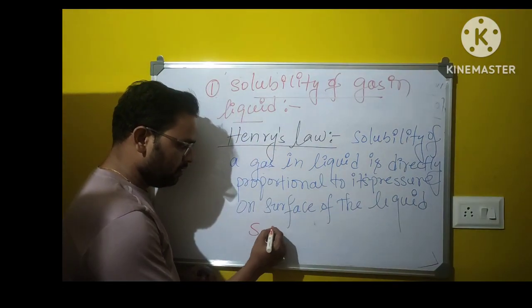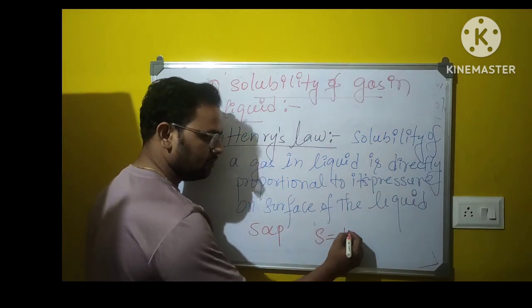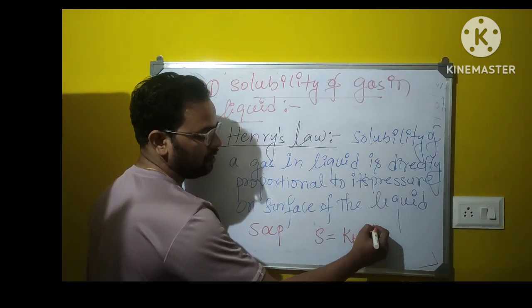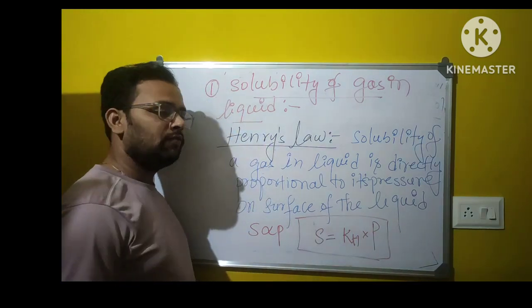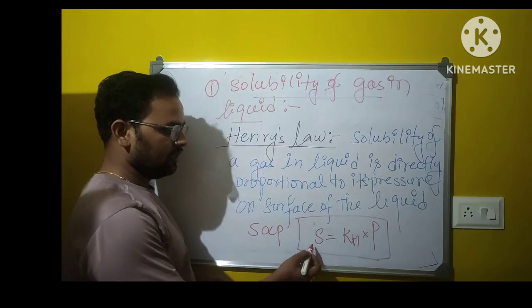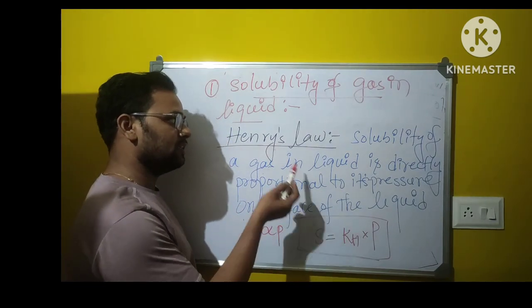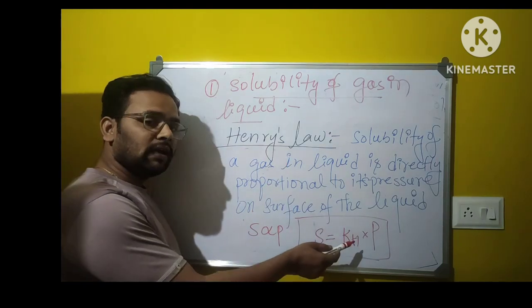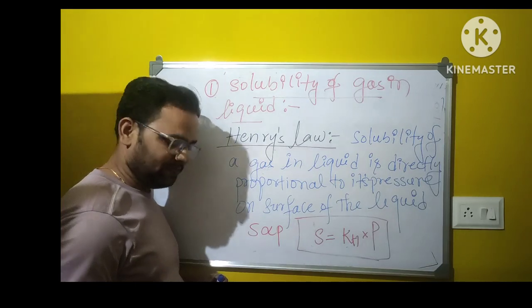So solubility is directly proportional to pressure: S = Kh × P. This is the final mathematical expression for Henry's law. Here S is solubility, Kh is the proportionality constant for Henry's law, that is, Henry's law constant, and P is pressure.